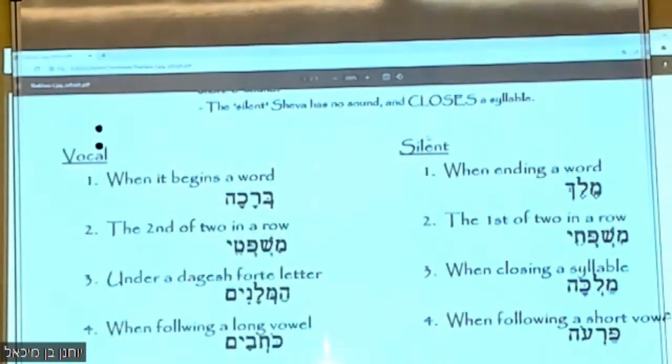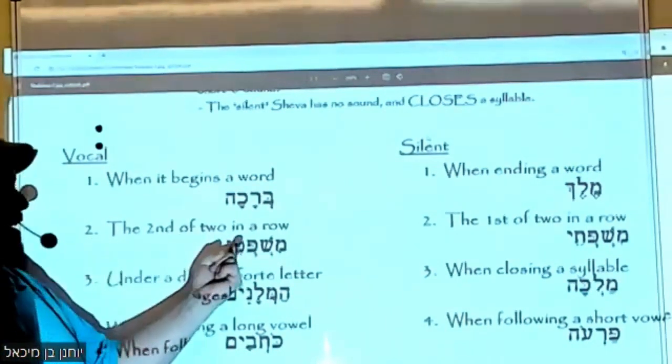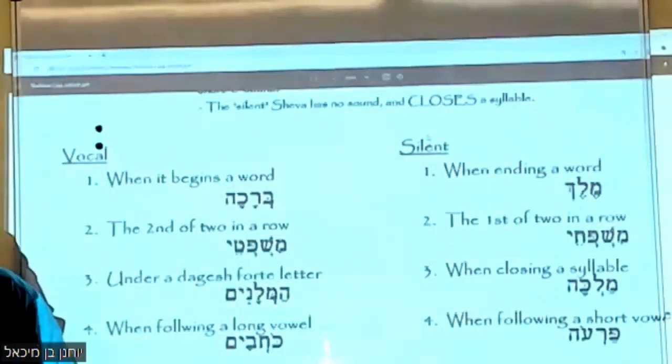Now, it doesn't have to be the first word in a sentence. It can be anywhere in a sentence. As long as it's under the first letter of the word, it's going to be vocal. Okay? So the second rule of vocal shva: when it is the second of 2 in a row.